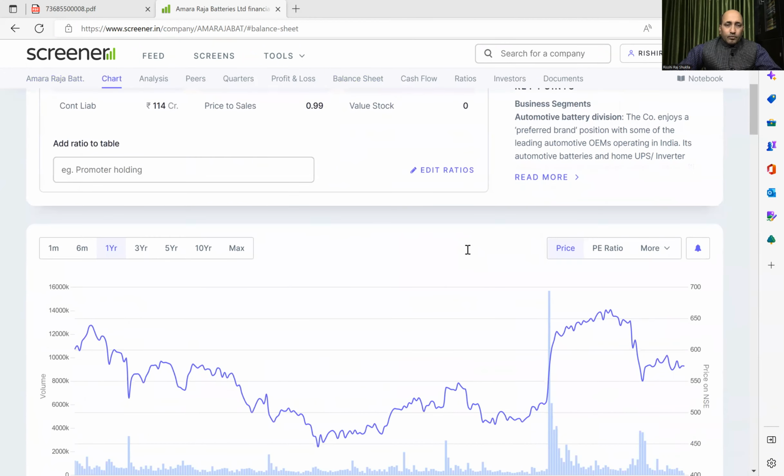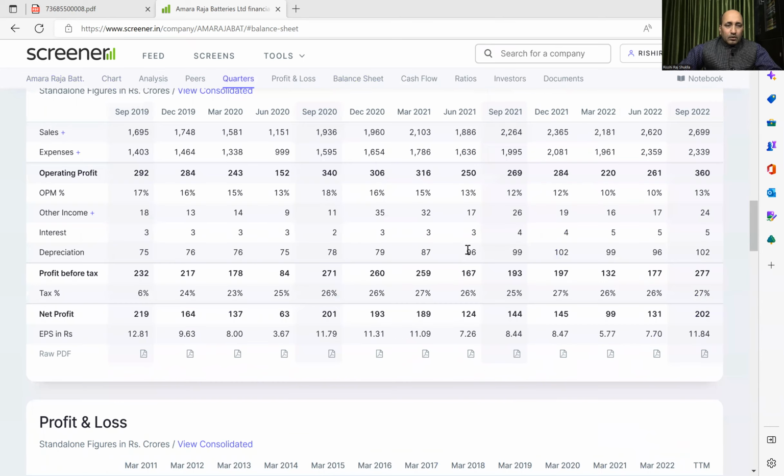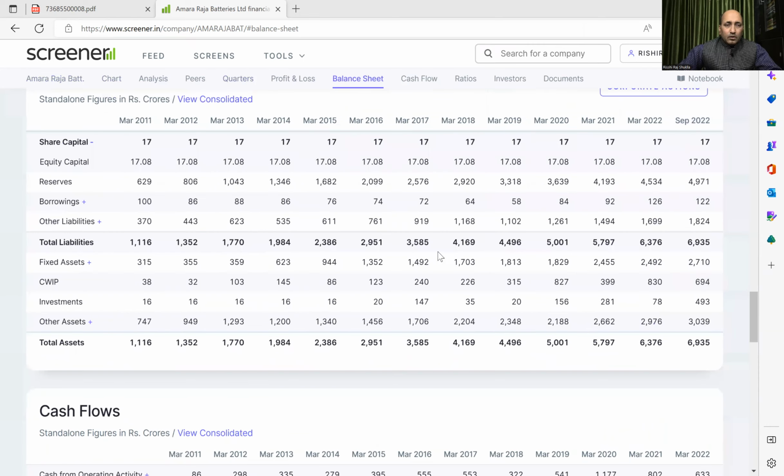So equity capital will be how much? Face value is 1 into total authorized shares. Of course, it is quite clear: 17 crore 8 lakh 10,000. So total equity capital is 17 crore 8 lakh. This information we get from here.